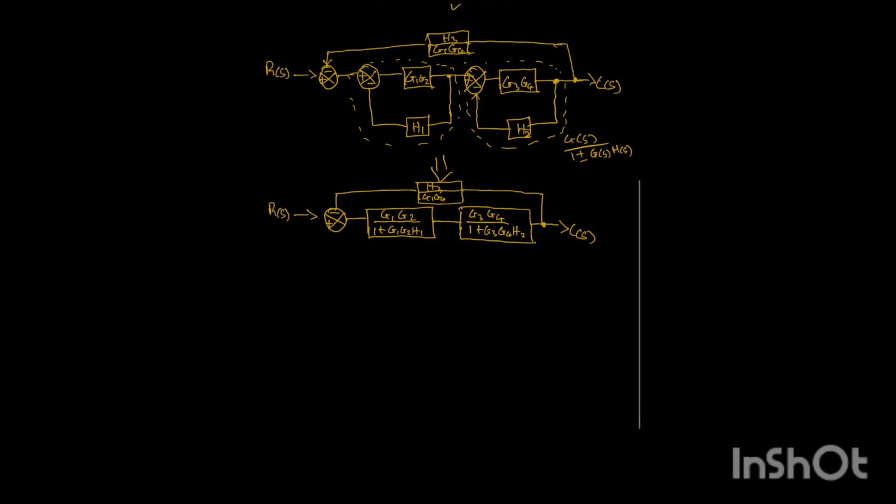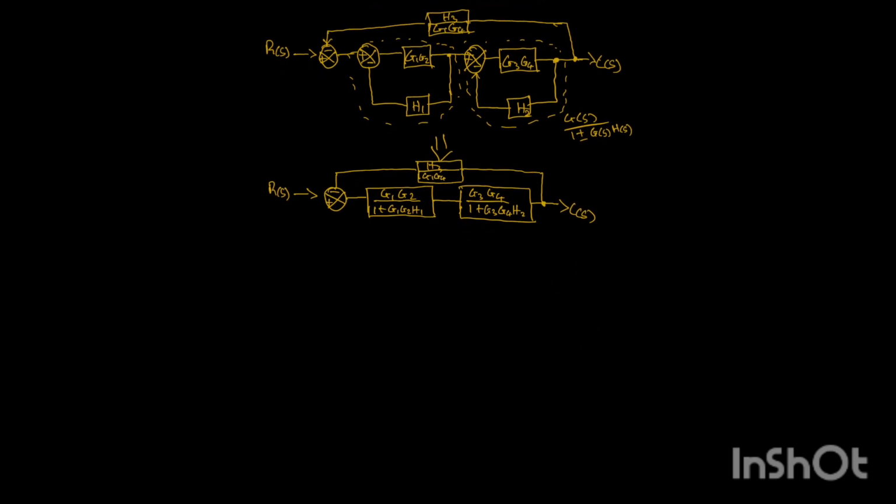So as you can see, we are able to reduce it to this level. So now these two blocks are in the same lane. These two blocks are in series, so we are going to multiply them. So we say R of X would be minus plus, so multiplying them, we would have G1, G2, G3, G4 all over what?